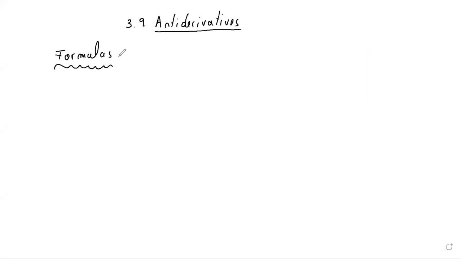The first thing that comes to mind: when you calculate the derivative of a function, for instance, x to the 10 prime is 10x to the 9. And we said yesterday that we read this as the antiderivative.